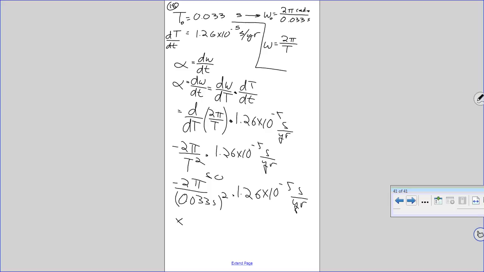So we need to factor that in. 1 year is 365 days, 1 day is 24 hours, 1 hour is 3,600 seconds. That should give you your final answer. Sorry, it's kind of on two lines there. You guys read it? Should I begin it?